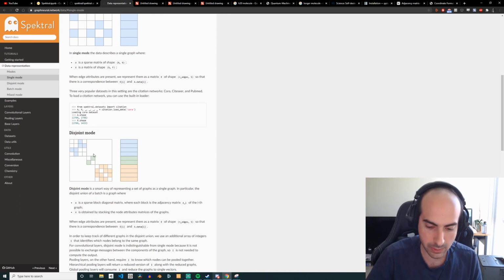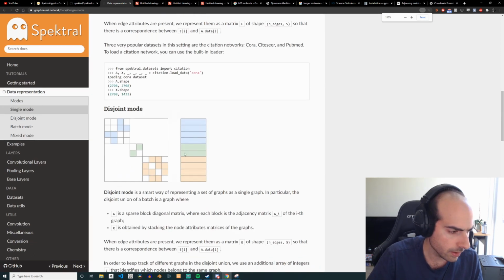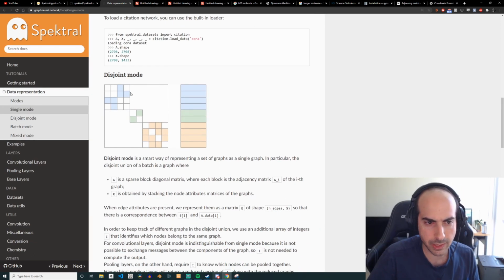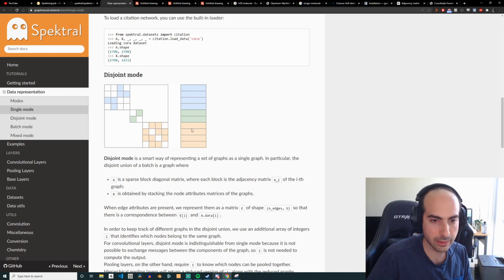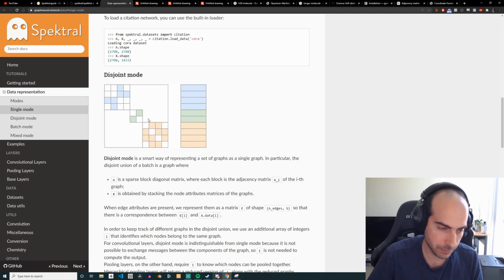Let me zoom in. In this disjoint union, you'll see that we've appended all of these graphs along their diagonal. And then this other matrix is just to keep track of the node attributes that we have in our network. So this is a way for us to say, blue are all of the nodes in graph 1, green are all the nodes in graph 2, and let's say these could be two different molecules.